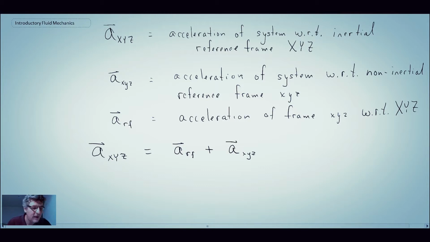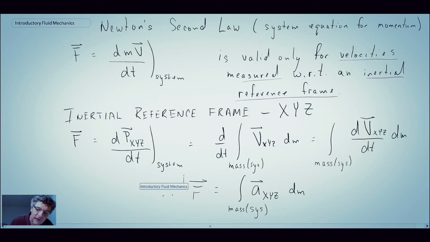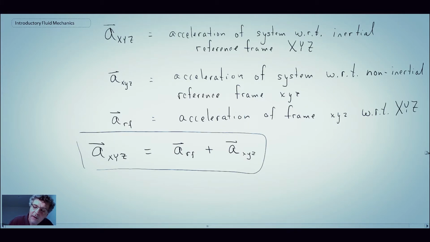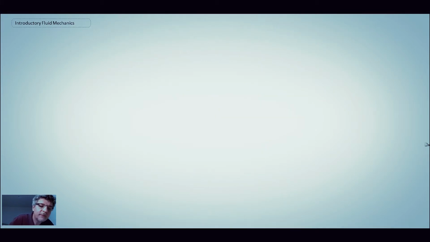So we can break it into two parts. And what we're going to do, we're going to take this and plug it into Newton's second law, which is here, and work with that. So let's plug that in.